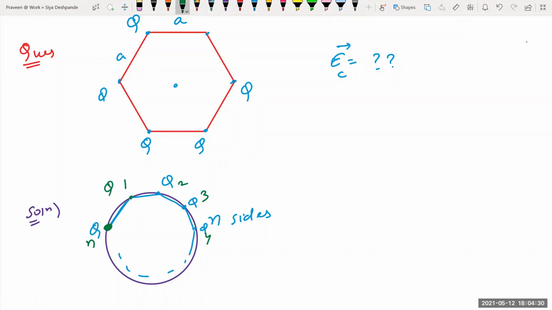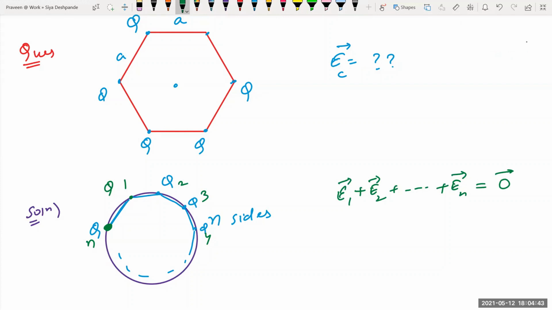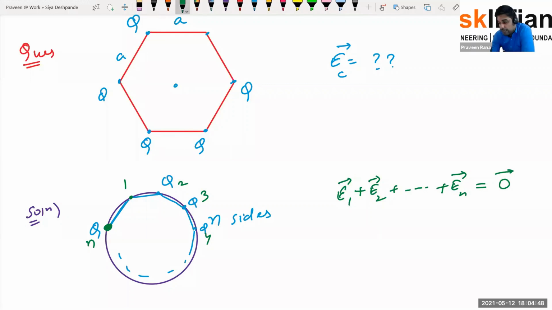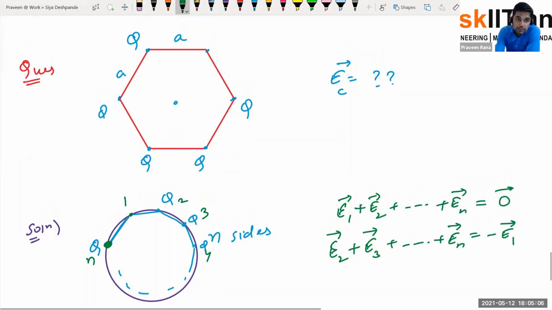If I hypothetically place a charge Q in here, the electric field due to the first charge plus the electric field due to the second charge plus the electric field due to the last charge would be 0 at the center. Agreed? Yes. But the charge on the first corner is not present. So the electric field due to the second charge, the third charge, and finally the nth charge will be equal to the opposite of the electric field due to the missing charge. Right? Exactly.